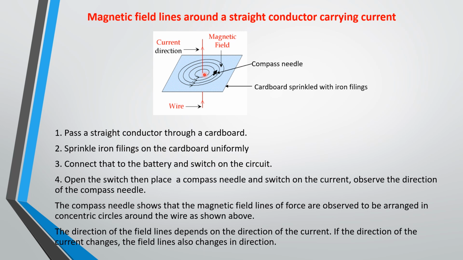Now, for you to know the direction of the current or the direction of the field lines, there are two rules. We have the Maxwell Corkscrew rule and the right hand clenched fist rule.